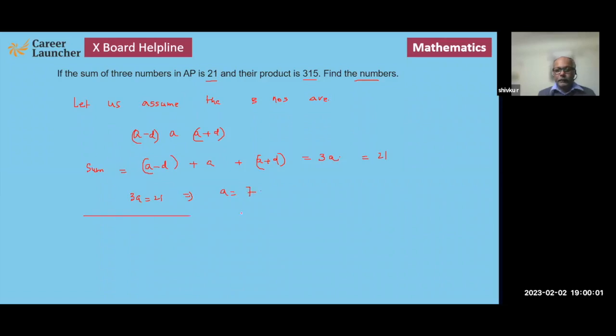So the sequence or the AP is 7 minus D, 7 and 7 plus D. Okay, and we know that the product of these 3 numbers is 315, right? 7 minus D into 7 plus D into 7 is equal to 315. Or this goes and this becomes 45.